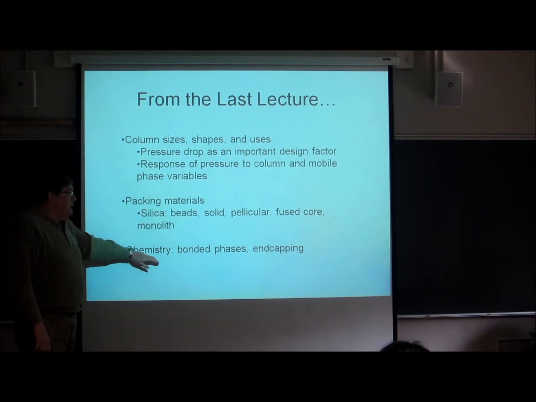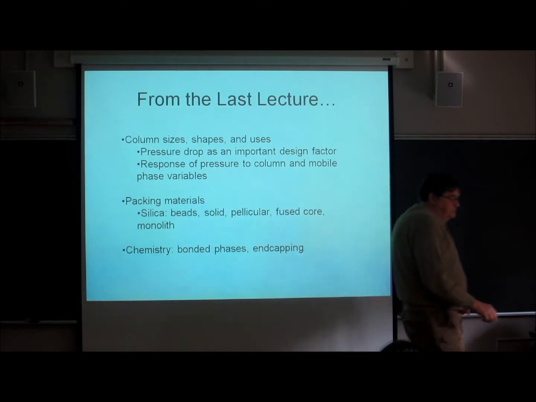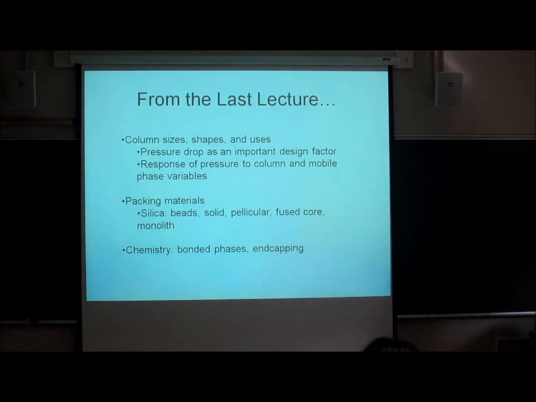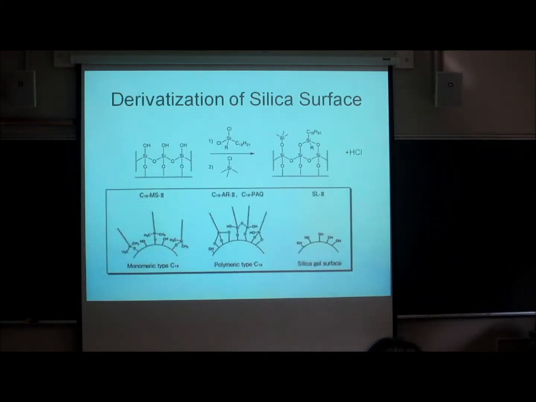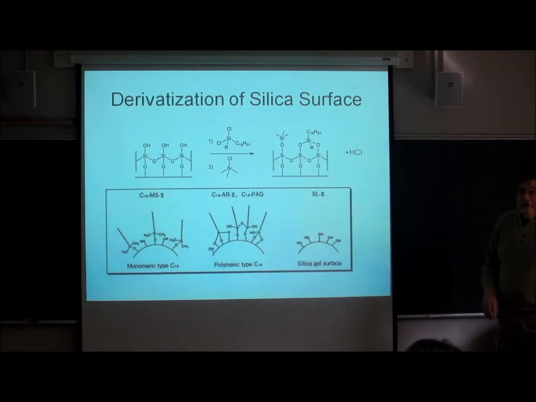We talked a little bit about bonded phases and end capping, and I want to pick up there with a couple of other ideas because a couple of the statements led me to believe that you still need to know a little bit more about it. What we're doing is a condensation reaction on the surface of the particle.